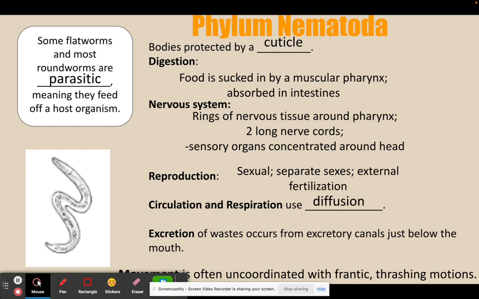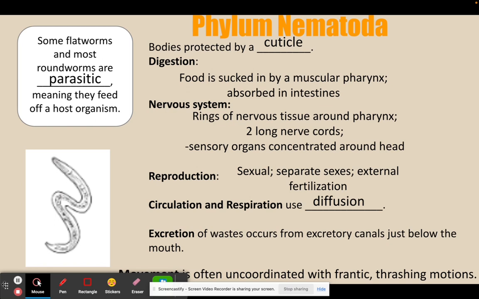They also have a muscular pharynx, like I showed you yesterday with the platyhelminths. It's interesting because it's closer to the front of their body, whereas in the platyhelminths it kind of is in the lower extremities of their body.